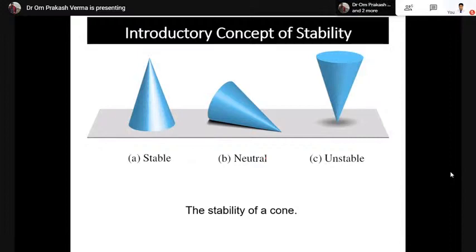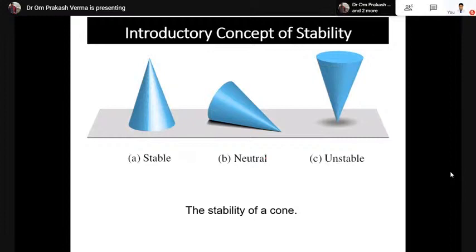So today we will try to cover the controller, and then the tuning of the controller. Then if time allows, we will go further. You can see the three pictures here, A, B, C. In the first, the cone is set upright, and you can say this is the stable system.